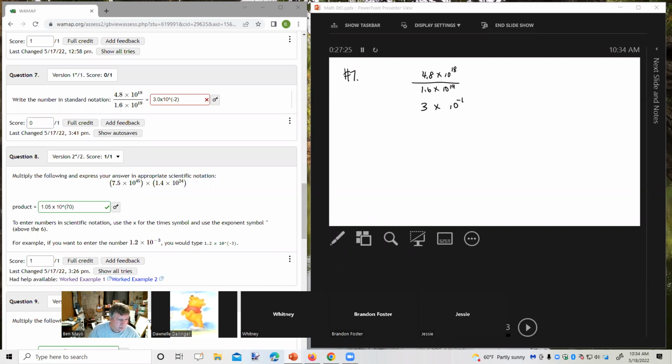But again, we're to write this in standard notation. It looks like the student tried to write it in scientific notation. Anyway, standard notation, let's see here. We would move the decimal point to the left 1 place. So 0.3 should be the correct answer. And there we see that it is. All right, that was all from that student.